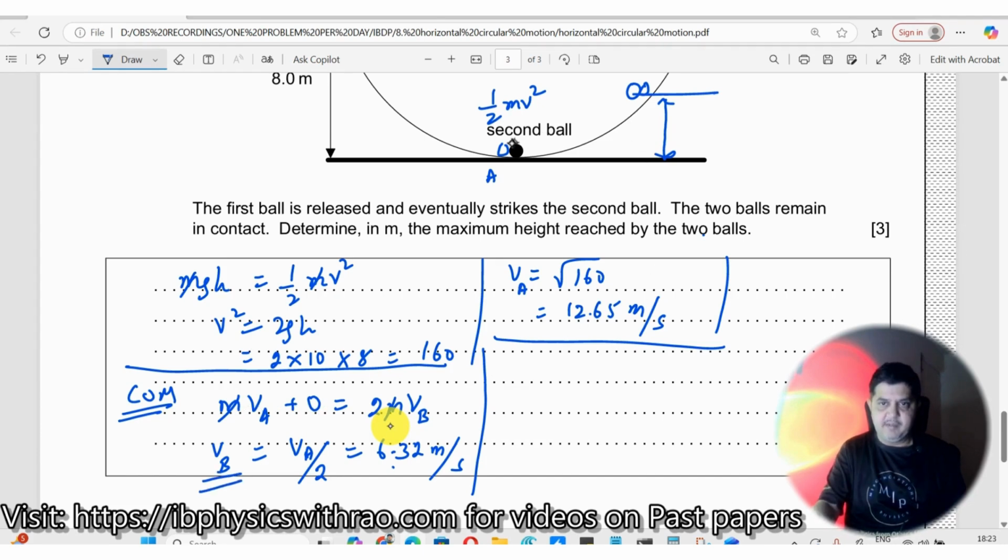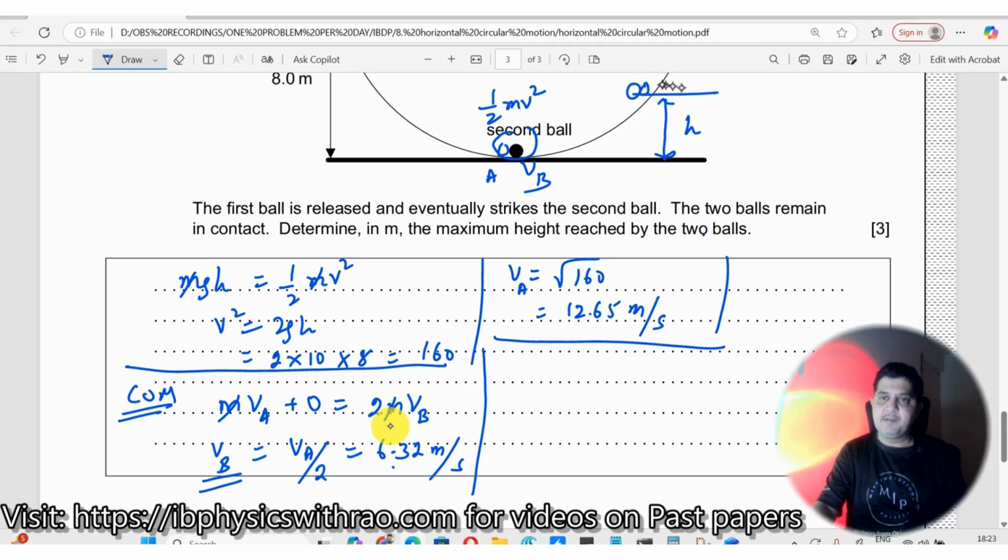Next, now we have this velocity of the balls over here. Now both of these balls start going upwards. How long can they go? As long as the kinetic energy doesn't become 0, they keep on going upwards. The moment kinetic energy becomes 0, the balls don't have energy and immediately fall down. So let us say h is the height over here.